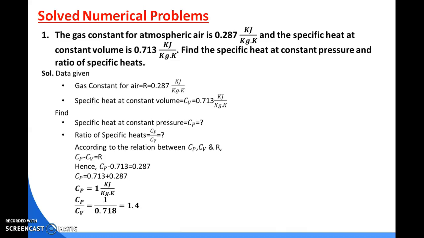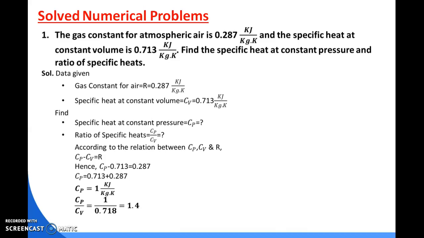Second is the specific heat at constant volume, Cv, equal to 0.713 kilojoule per kg Kelvin. And we have to find the specific heat at constant pressure, Cp, and the ratio of specific heat, Cp by Cv, using the above data.